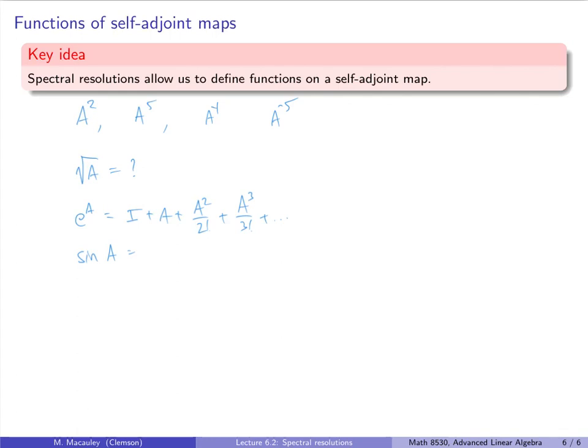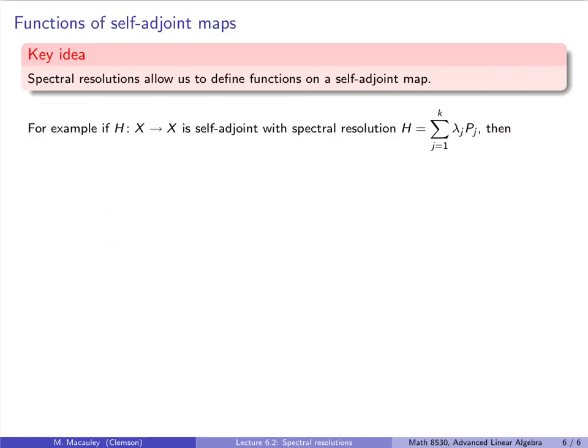But I claim that if we have a spectral resolution, then any of these functions, and many more, are really easy and natural to define. Okay, let's take a self-adjoint map H and say it has spectral resolution, the sum of lambda j times Pj.